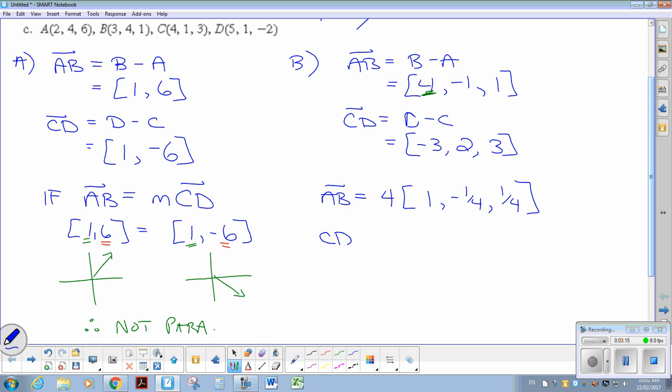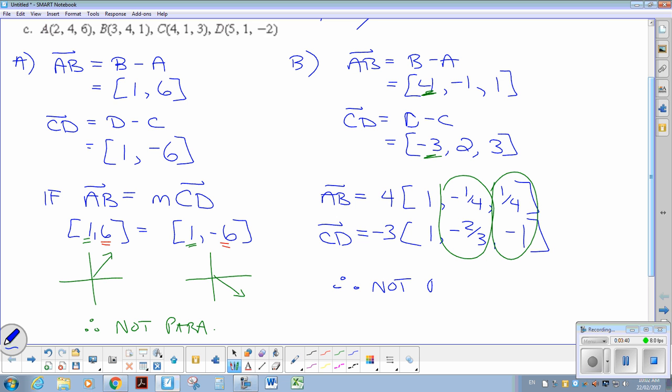Vector CD, same thing. I want this to be a 1 so it's easy to make the comparison. So I'm going to take out a negative 3, and I would get (1, negative 2/3, negative 1). This allows us to make an easy comparison, and we can see the Y components and the Z components don't match up. So therefore, also not parallel.